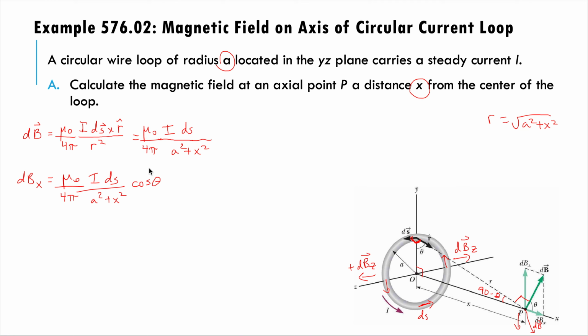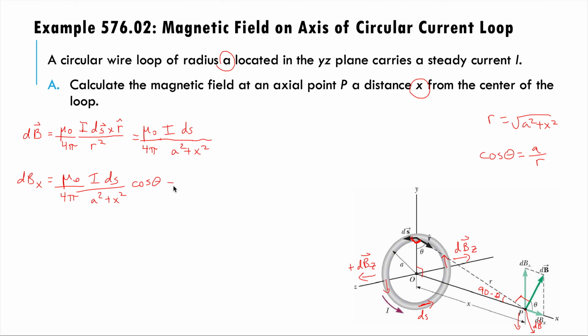Now before we integrate, we want everything to be written in terms of what we are given in the problem, which is a and x. So let's write cosine of theta in terms of a and x. We know that cosine of theta is equal to adjacent over hypotenuse, which, if we look at this triangle again, is a over r.